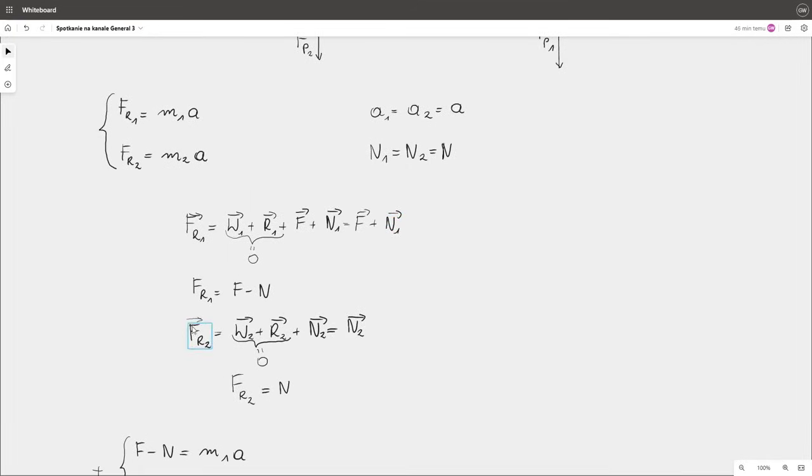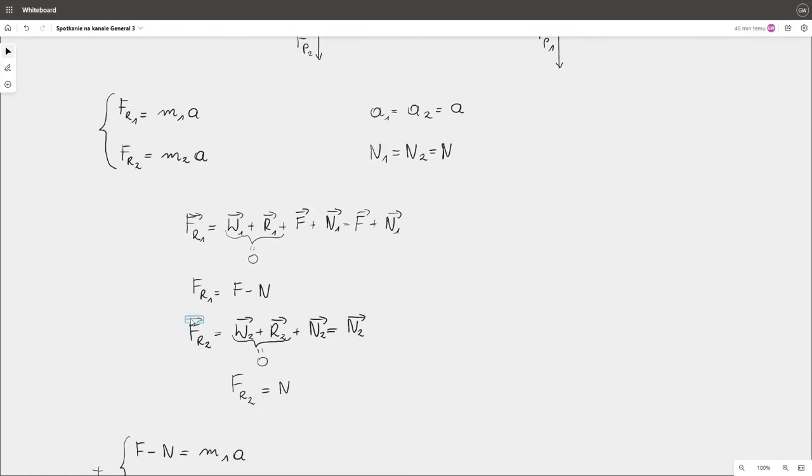Resultant force Fr2 equals weight W2 plus normal force R2 plus N2. Weight and normal force cancel each other, so it is equal to N2.